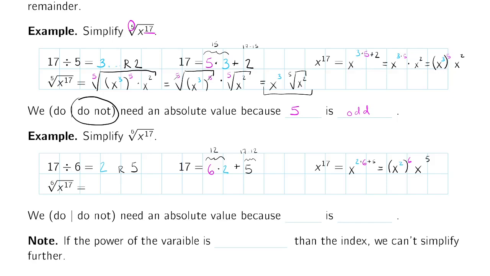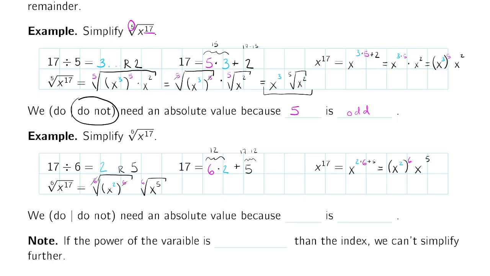So the sixth root of x to the 17th, that's going to be the sixth root of x squared to the 6th times the sixth root of x to the 5th.